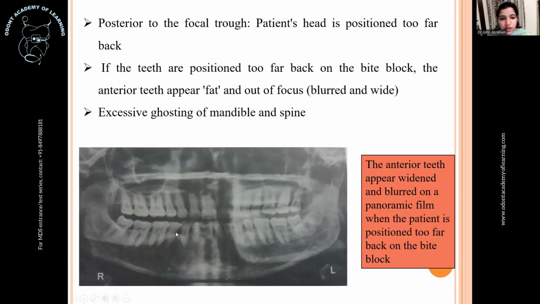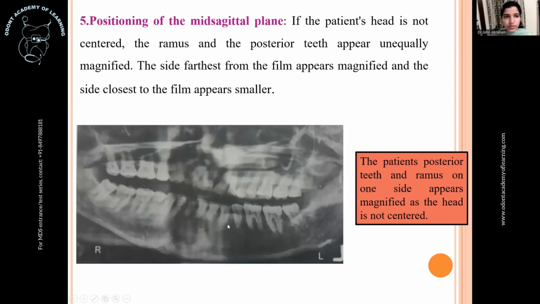You can see how the teeth appear fatter compared to a normal image, and excessive burring of the mandible and the spine can be seen. So this entire region appears distorted. The anterior teeth appear widened and blurred on the panoramic image when the patient is positioned too far backward on the bite block. So you can appreciate it.